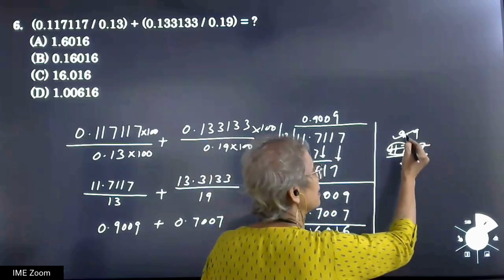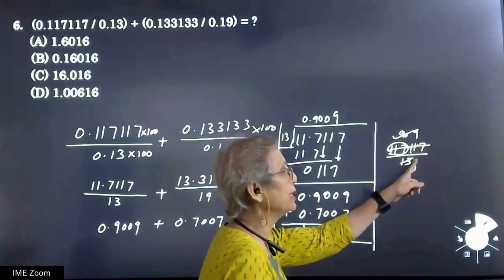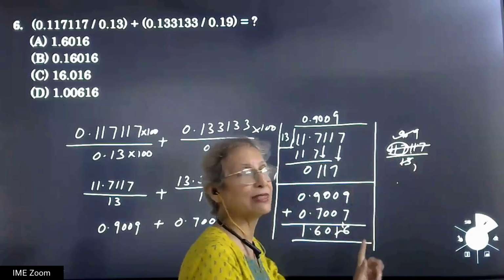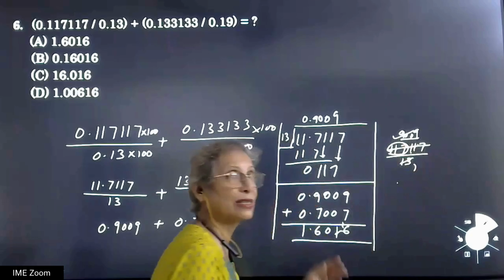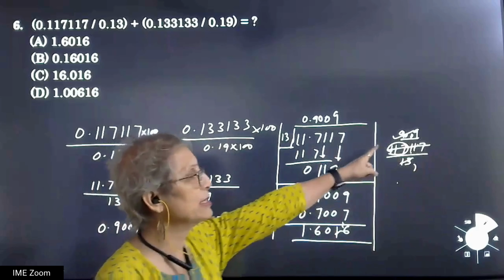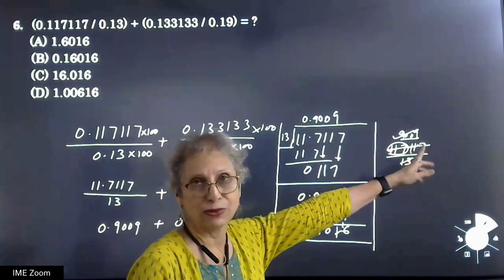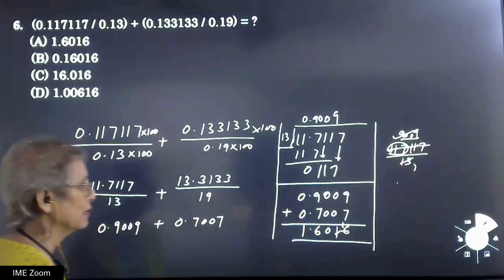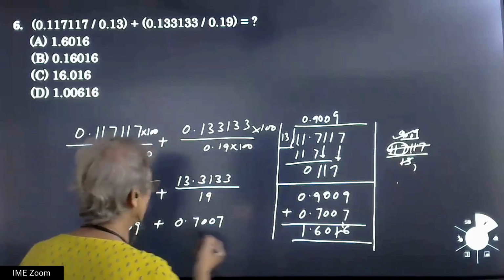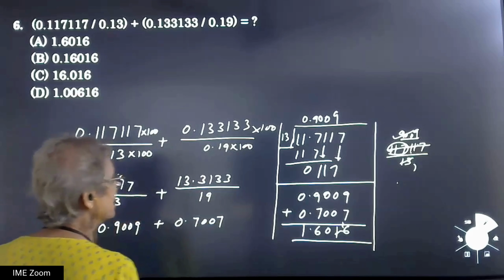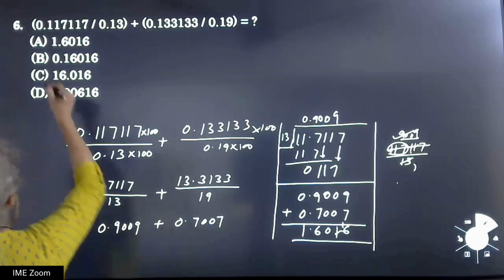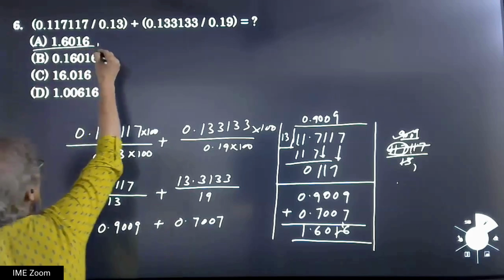So 0 here. Then again when you bring down 1, that also is not divisible. So again 0. So there are 2 zeros. While doing this type of division, be careful about these zeros. Don't write 99. And therefore, these are the two answers. Then add them. Our final answer is 1.6016. Yes, this is the answer.